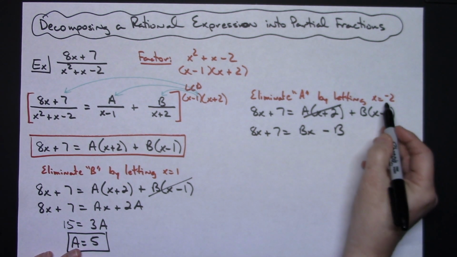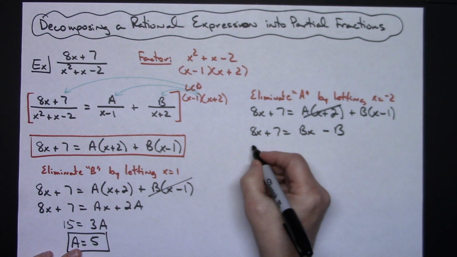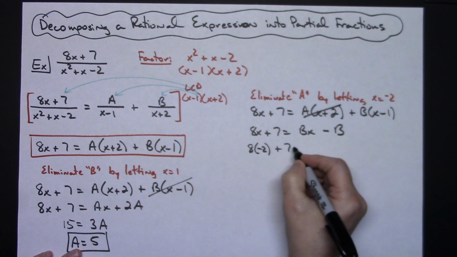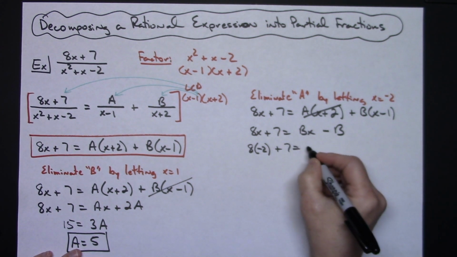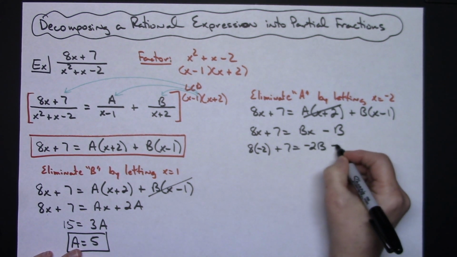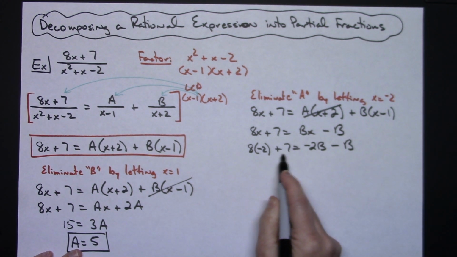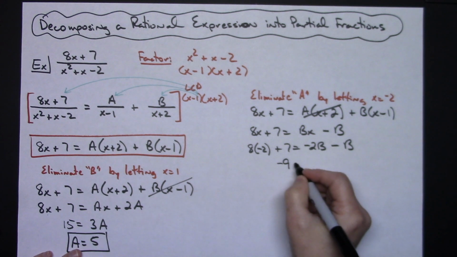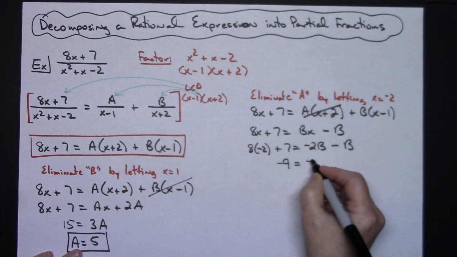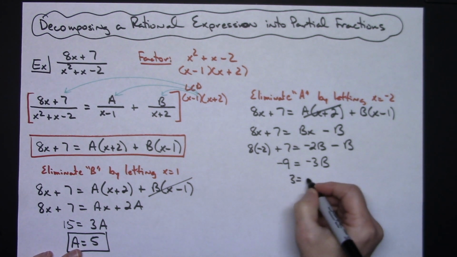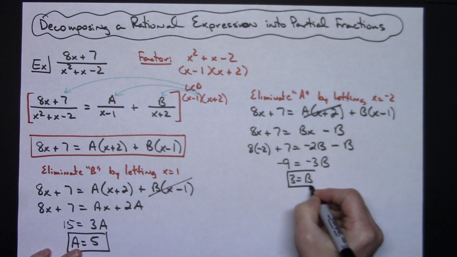This time I've got to put in negative 2. I'm actually going to show it this time since it's something a little different than just a 1. Then b times negative 2 will make it negative 2b minus b on this side. So negative 16 plus 7 is going to give me negative 9 on this side, and negative 3b over here. Dividing by that negative 3, my b is going to be 3.